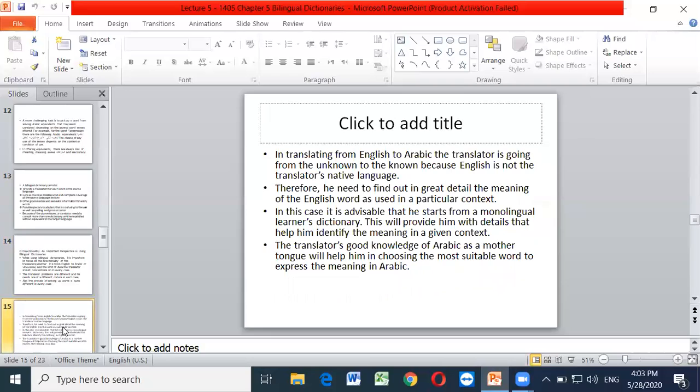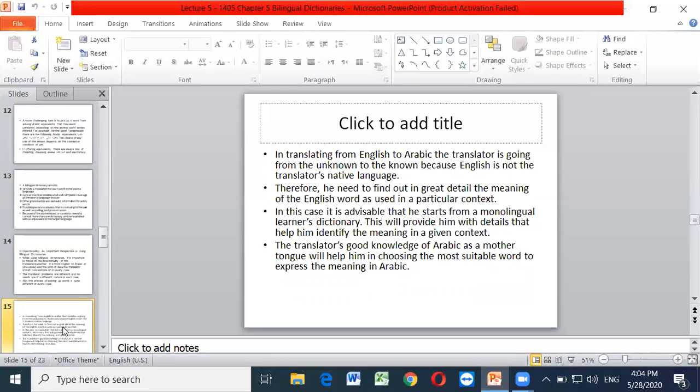In translating from English to Arabic, the translator is going from the unknown to the known, because English is not the translator's native language. Therefore, he needs to find out in great detail the meaning of the English word as used in a particular context.